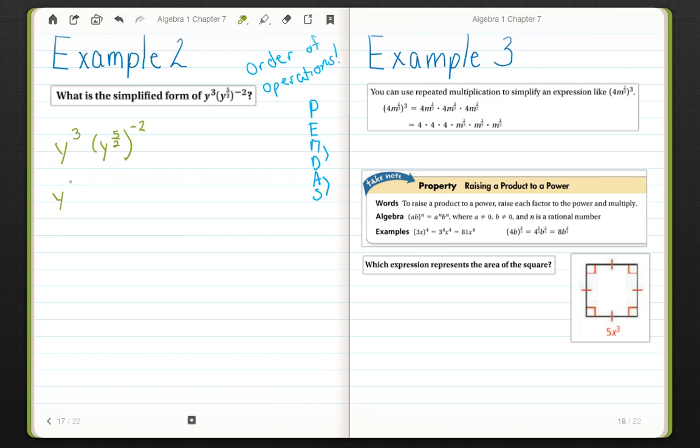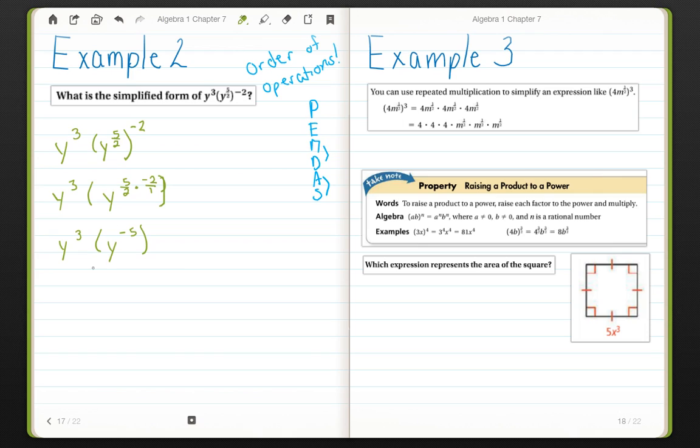So the y cubed is going to stay put, and I'm going to multiply that times y to the 5/2 times -2 over 1. Y cubed times y to the -5th power.